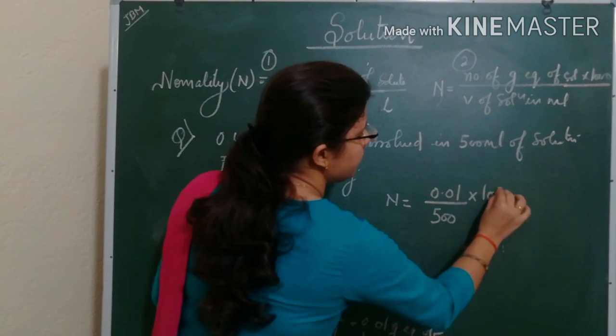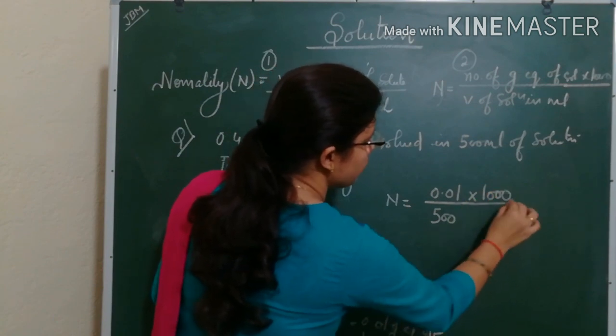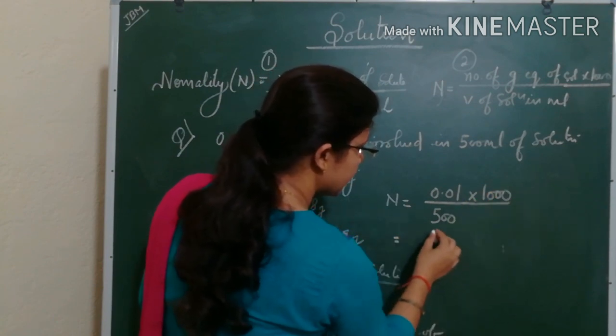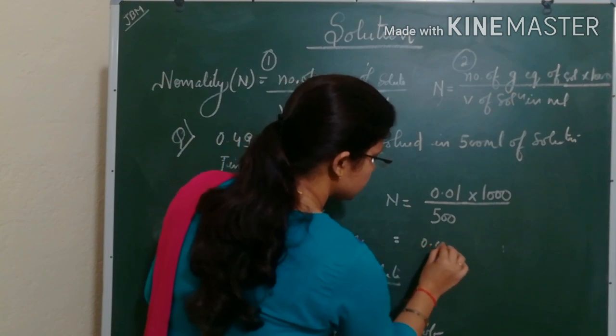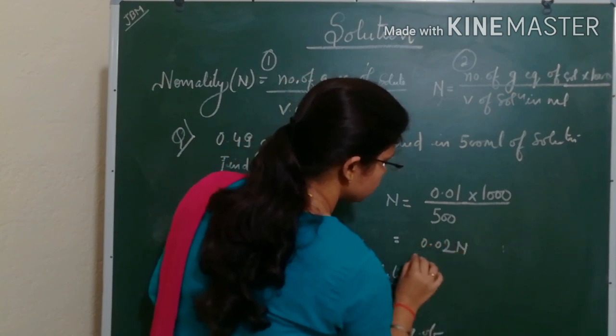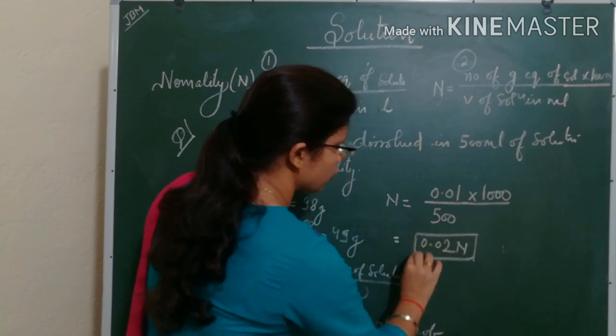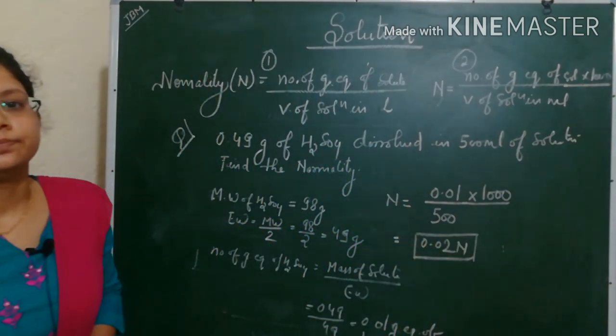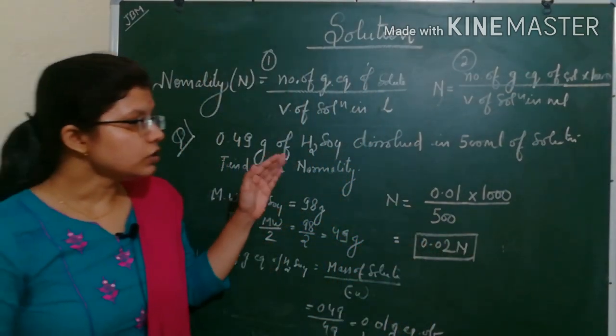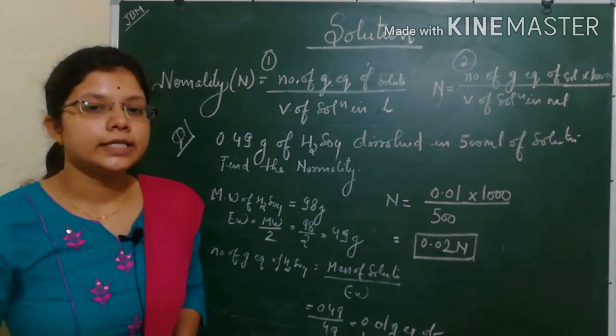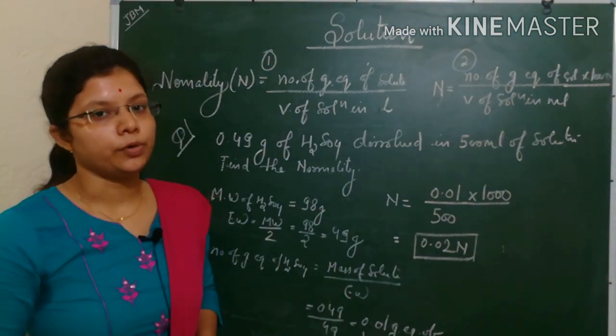You will multiply with the 1000 in numerator. When you solve it, you will get the 0.02 normal solution. That is the answer of this question. Right? So in this way, questions come related to the normality.